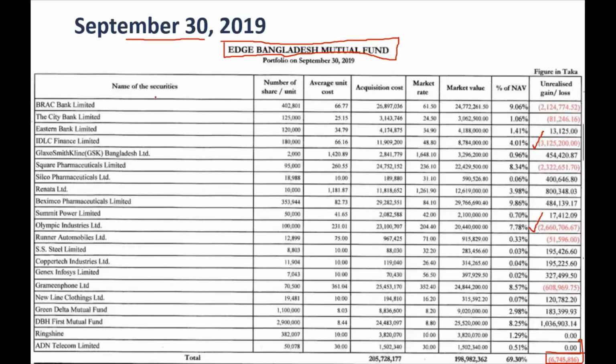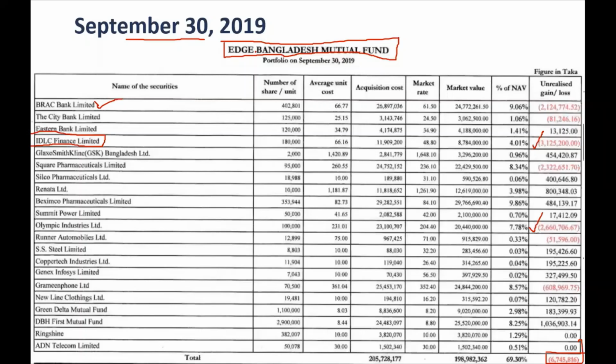Yes, sir, IDLC Finance. So IDLC Finance has contributed significantly to their portfolio losses, and the second one is Olympic Industries, the third is Square Pharmaceuticals Limited, and the fourth is Bracks Bank Limited. Have you got my point? These are the 4 instruments which have contributed to the total loss of this institutional investor's portfolio.